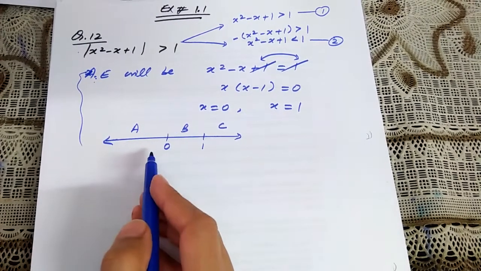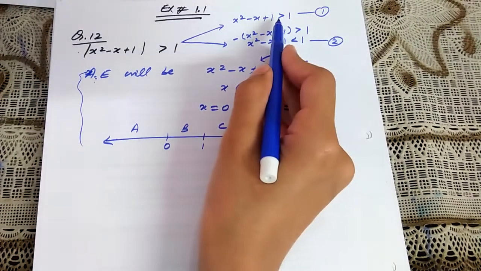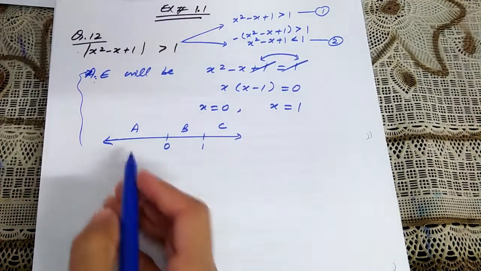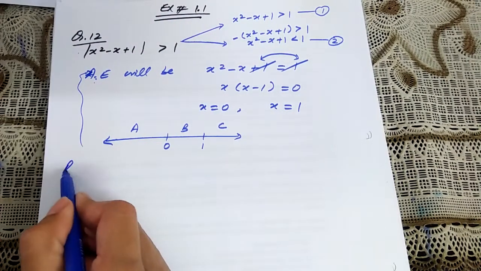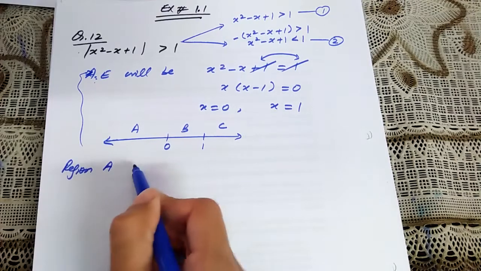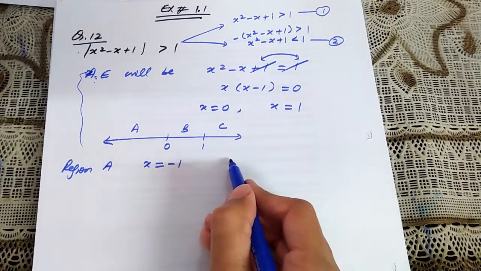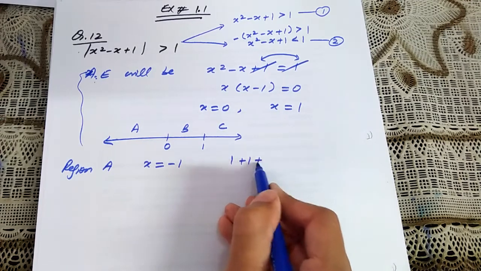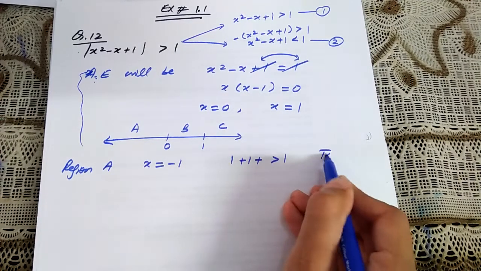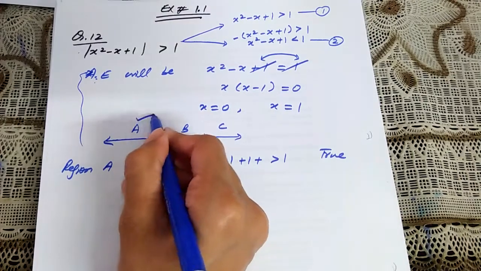Check these regions now; these regions are for inequality number 1. For region A, let x equal minus 1. Put it in that equation and we get 1 plus 1 plus 1, which is greater than 1. So it is true, which means region A is included.